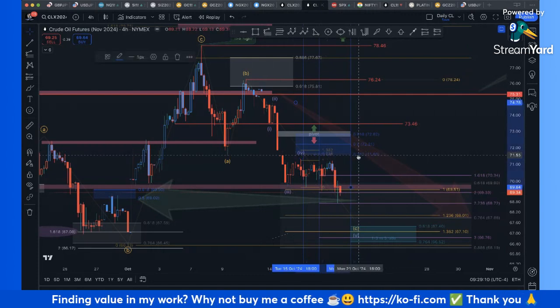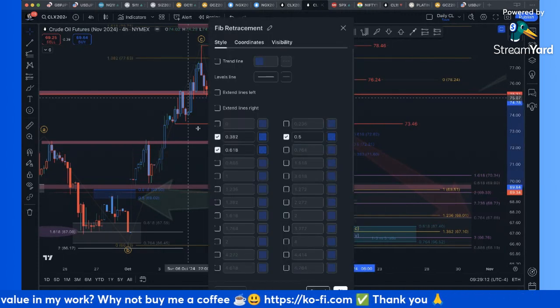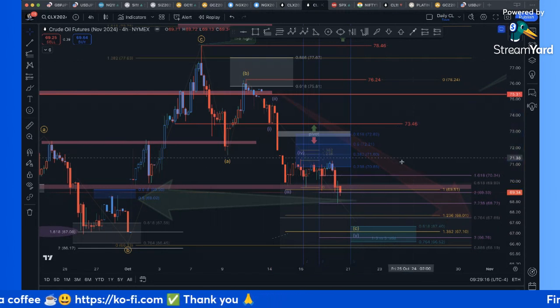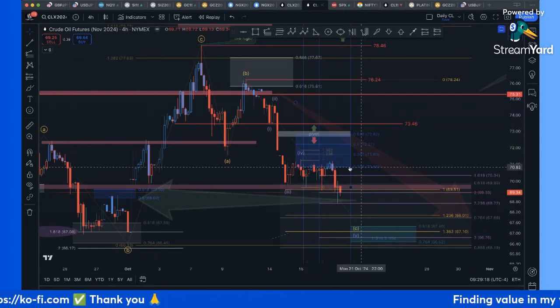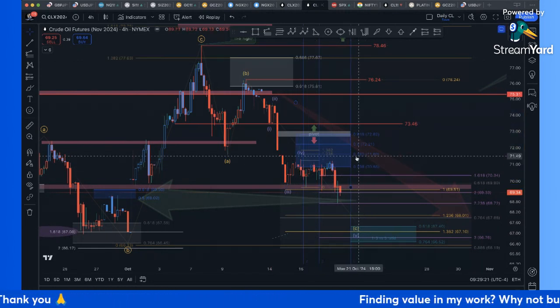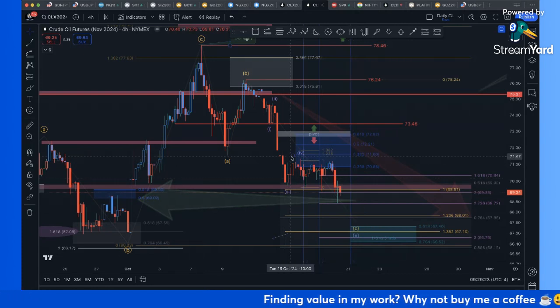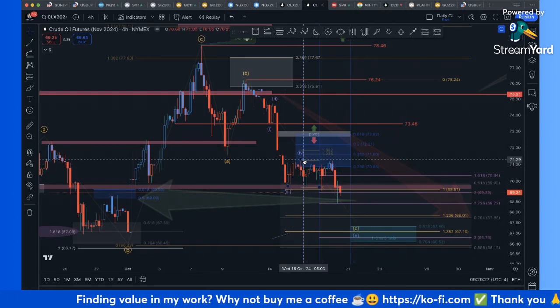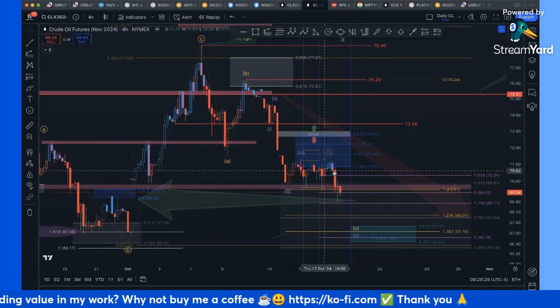Now, an allowable wave 4 is the 0.236, 0.382 to 50% level. So you can see this got just above the 0.236, did not make it to the 0.382. This is a shallow wave 4. And what's interesting is it kind of made up for its shallowness by eating up a lot of time.